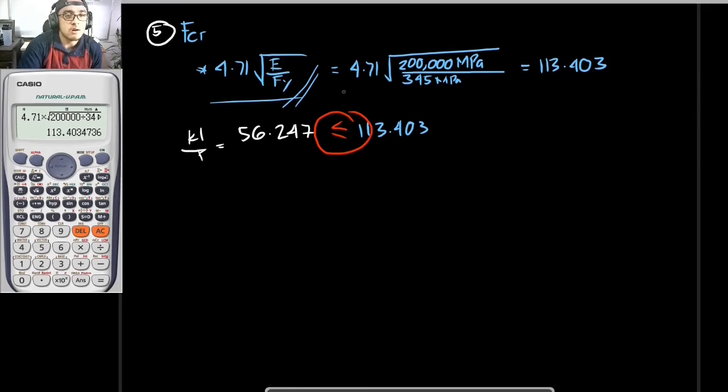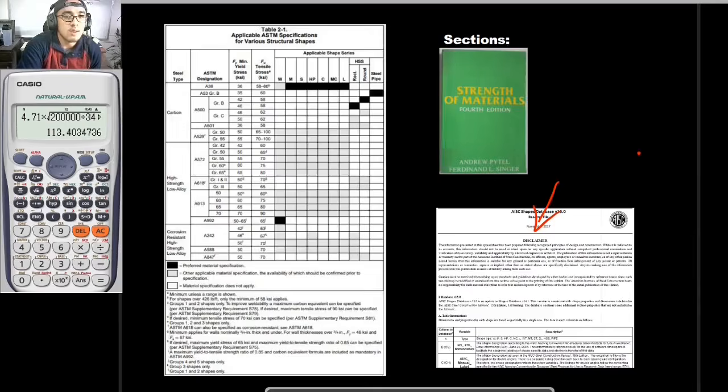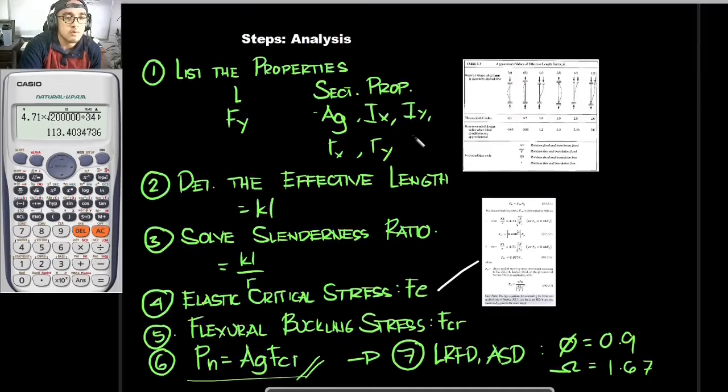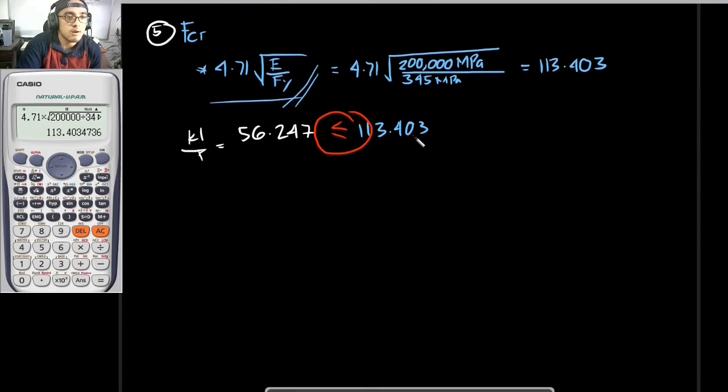If this is our case, check ulit natin yung table natin kanina. Alin ba dito yung gagamitin natin? Itong number 1 ang nag-govern sa atin because our slenderness ratio is less than this value right here. So for our flexural buckling stress, we would be using this formula, which is 0.658 raised to Fy over Fe times Fy. We would be using that for our FCR.